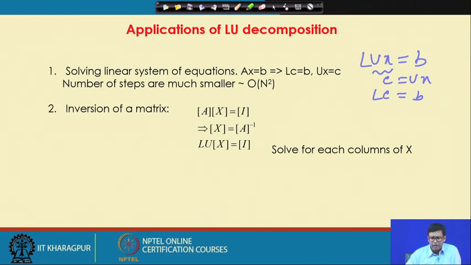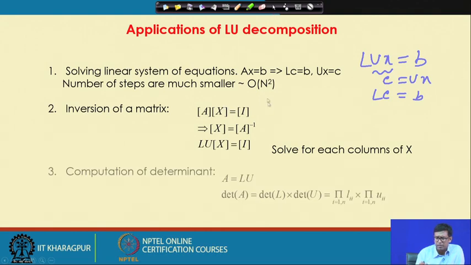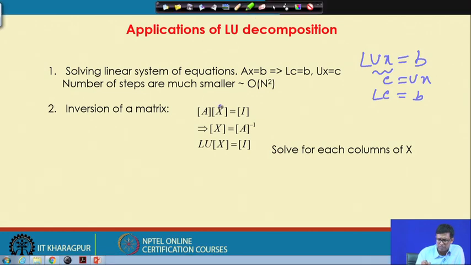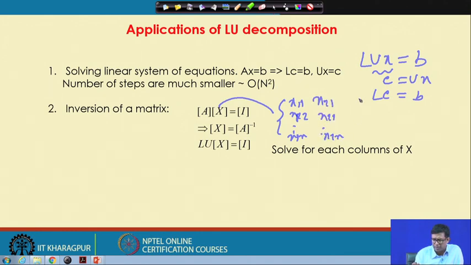So, we have to find A inverse. Now, we consider a matrix X. X is not a column vector, rather X is a matrix which has multiple columns x11, x12, x1n, then x21, x22, x2n, a matrix like that.